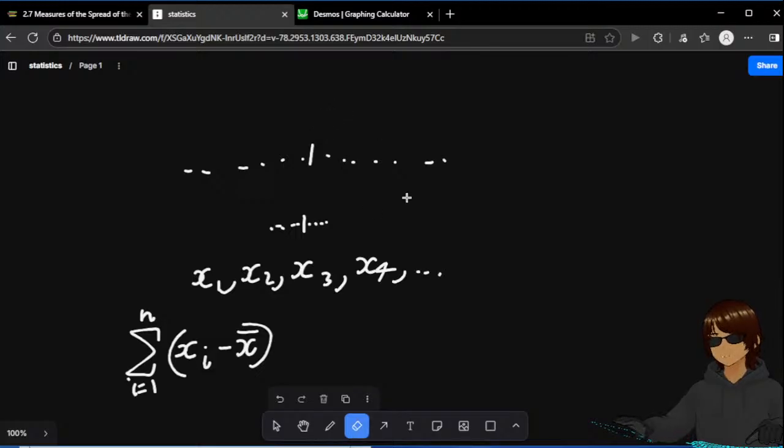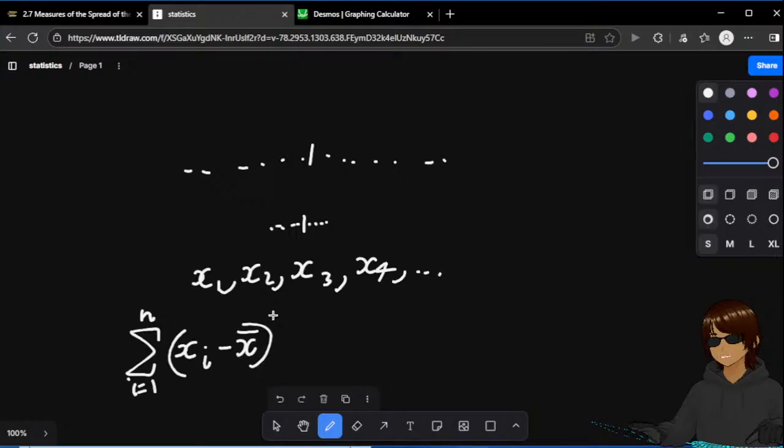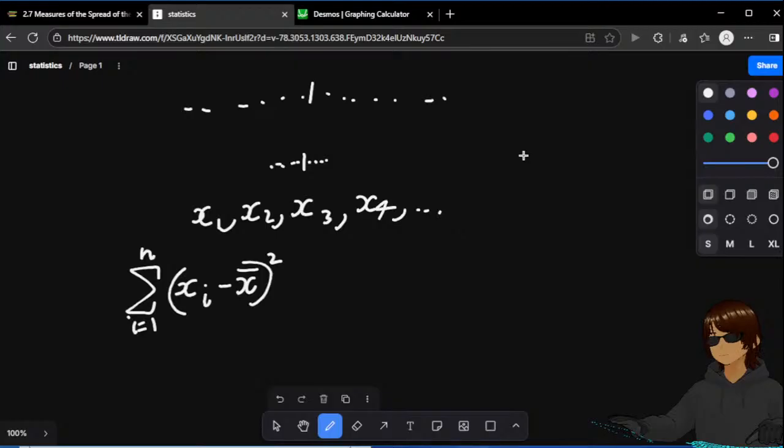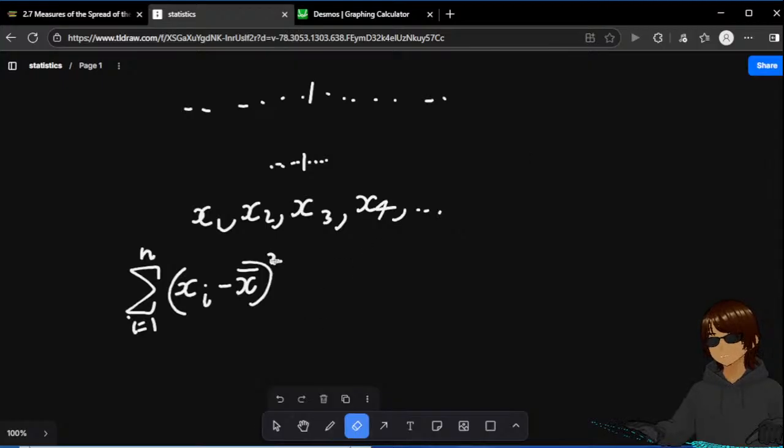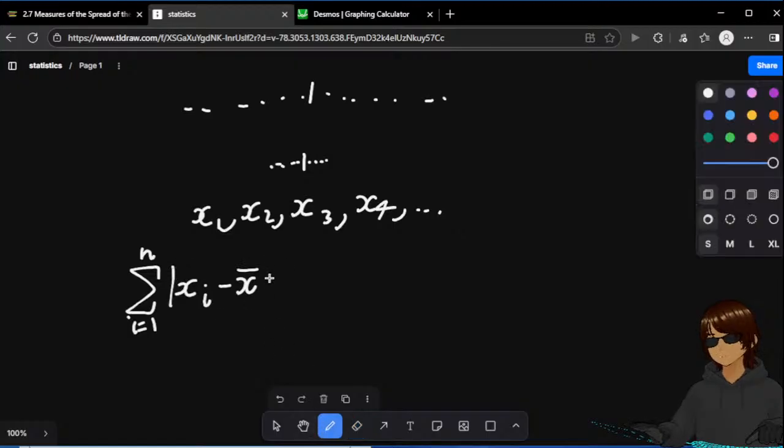So what we will do is square it. We will add all the squares of the distances. One thing we can do is add only the modulus of the distance.